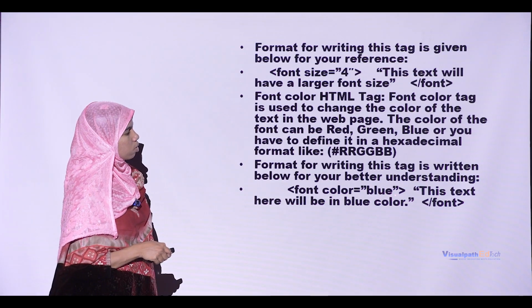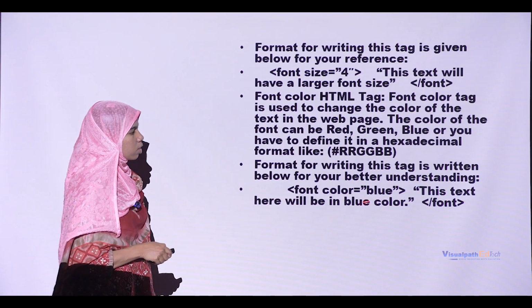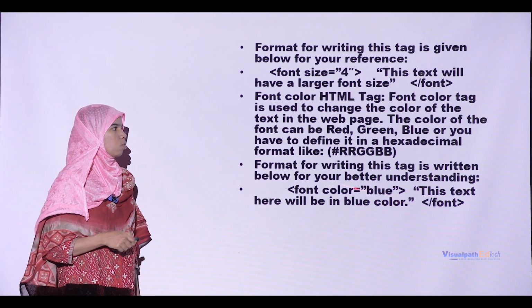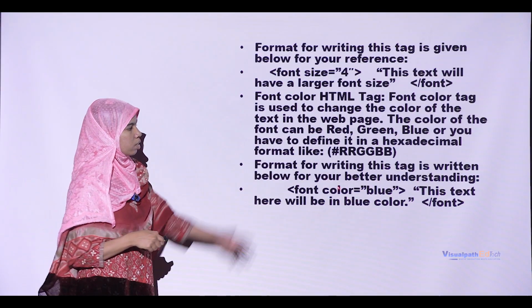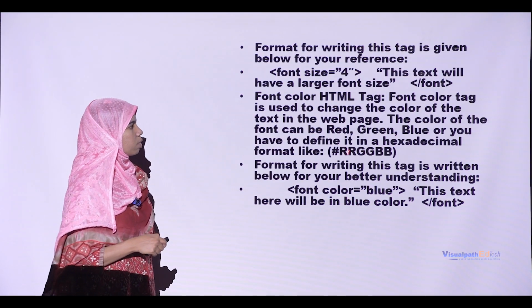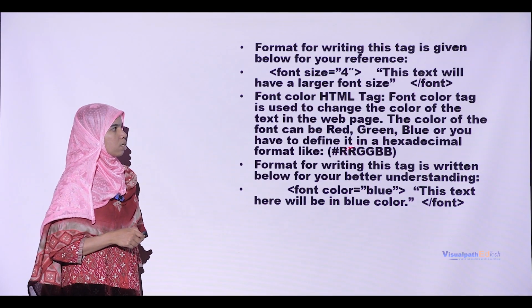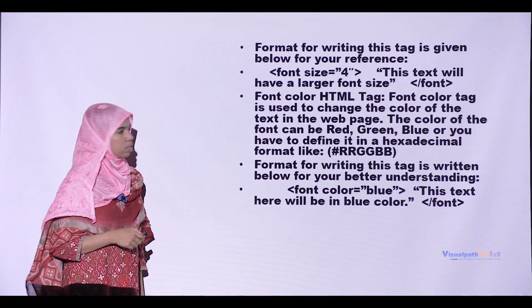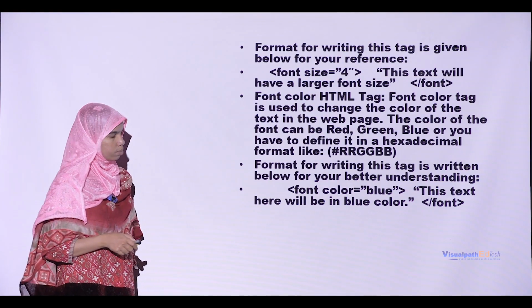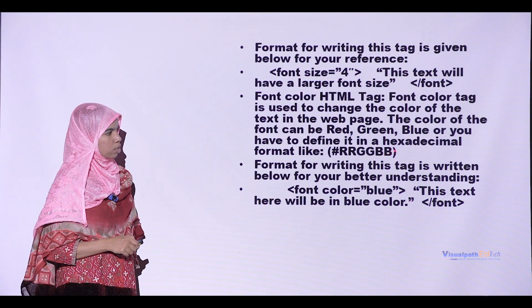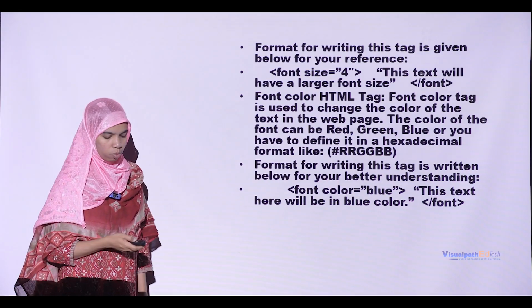Whichever color you want to mention, you can mention that particular color, and the text will be displayed in blue color. Rather than using directly the name of the color, you can even go with the hexadecimal code of the color. So the color can also be indicated with the help of the hexadecimal code. You can use either the hexadecimal code for mentioning the color or directly the name. Both are acceptable.